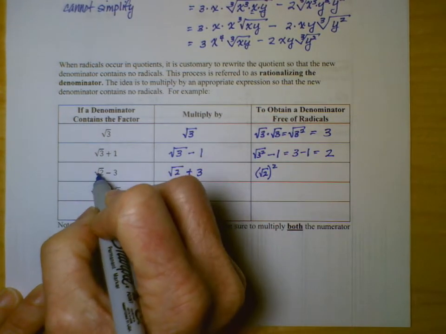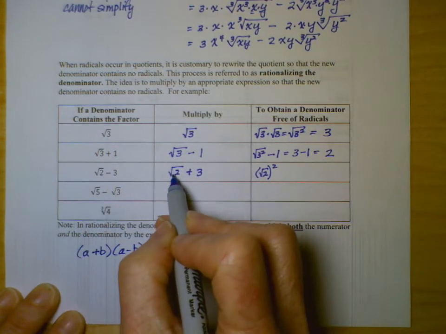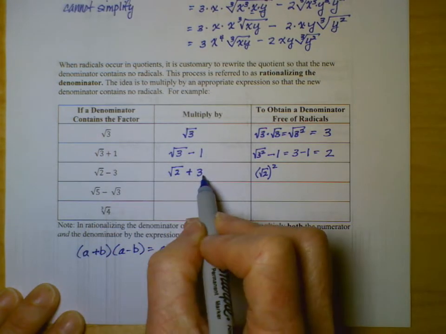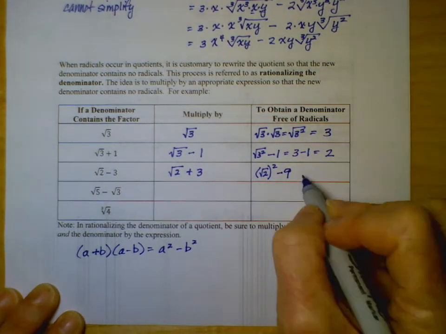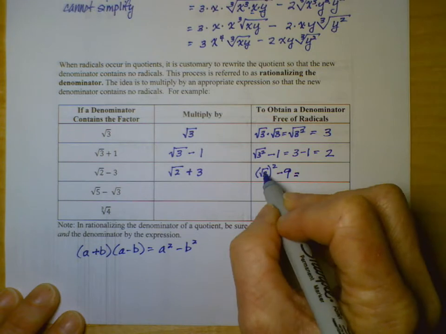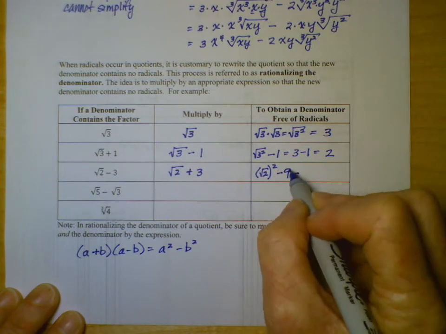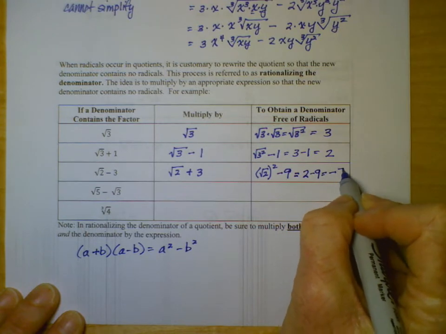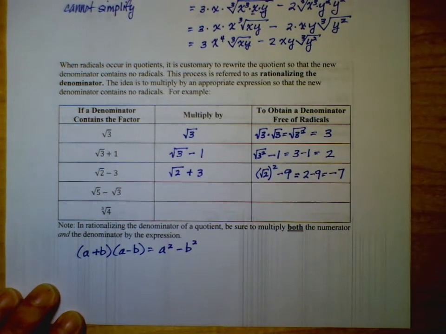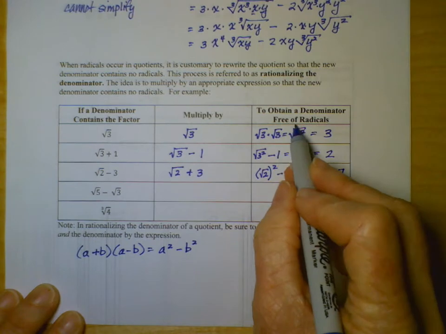Then we'll get a positive 3 square root of 2 and negative 3 square root of 2. Those cancel. Negative 3 times positive 3 is negative 9. Square root of 2 squared is the same as the square root of 4, which is 2. 2 minus 9 equals negative 7. It's a negative, but it's not a radical. It's free of radicals.